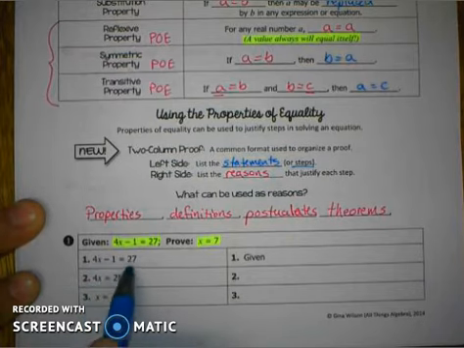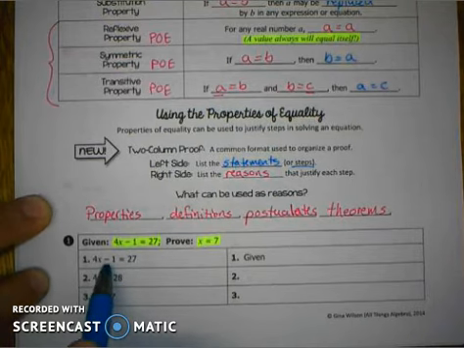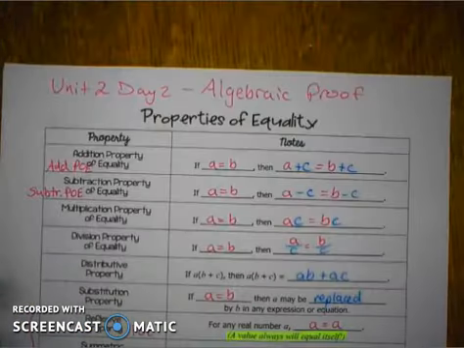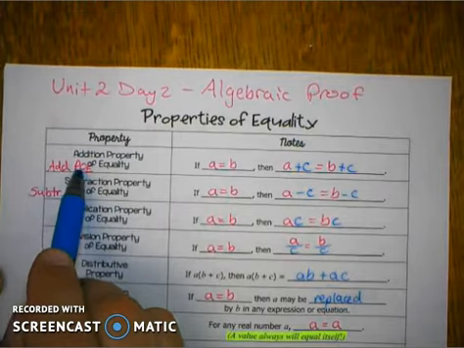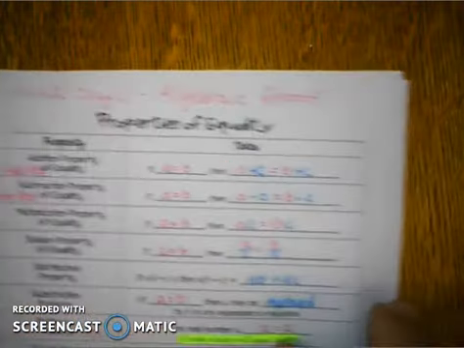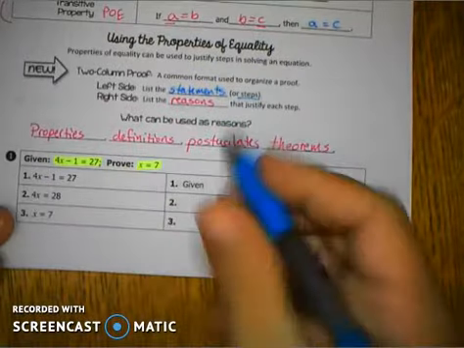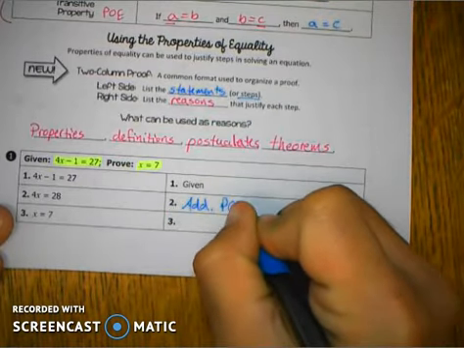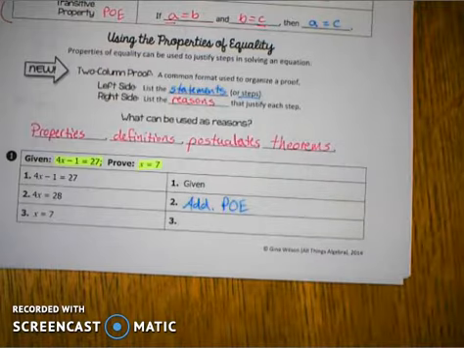That's because we add 1 to both sides. You guys would recognize that's the first step. By adding 1 to both sides, I get this. Since I added the same value to both sides, I use the addition property of equality, and that will be my reason. So our reason here is addition property of equality, and that's your abbreviation.